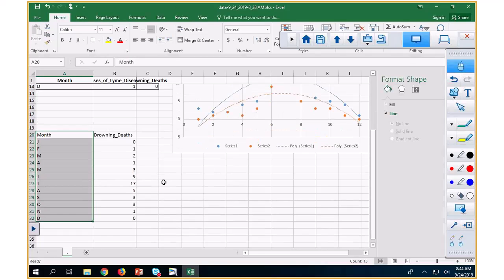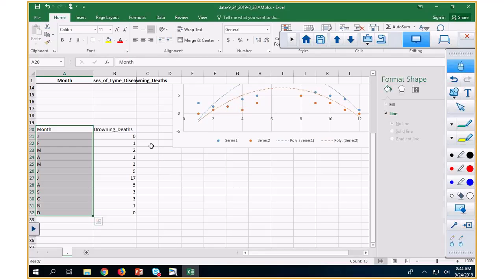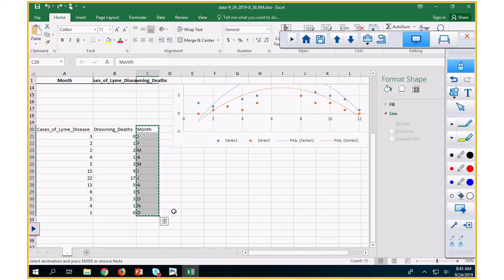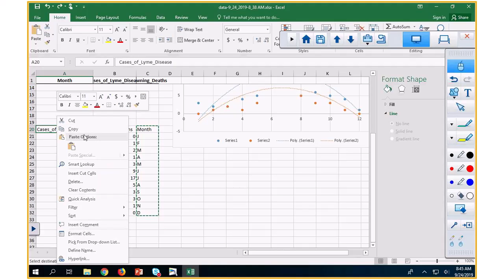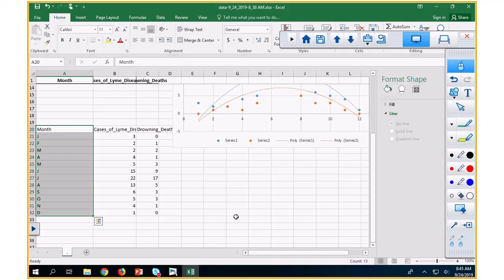Don't do it the wrong way. I just did it the wrong way. Anyway, let me hit undo. And I'm going to hit Control X. Then I'm going to hit Insert. Cut cells. There. Now you can do the top line if you want to, but I would just do that and insert.